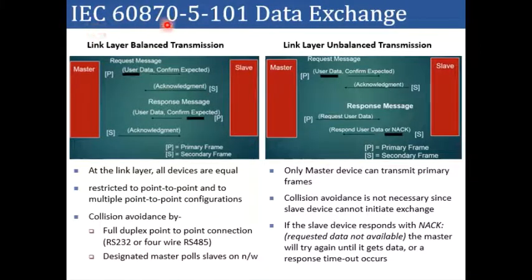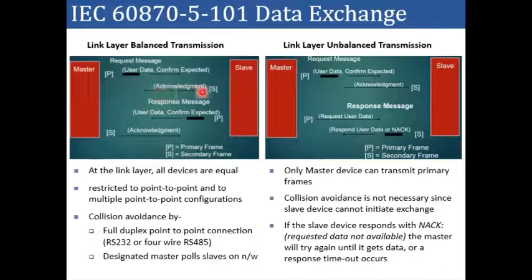Now in IEC 60870-5-101, how does the data exchange happen? If you are having the balanced data transmission, the master station will send the request message for either data or request for any confirmation, and then the slave, that is the RTU or maybe the end device, will send the acknowledgement.